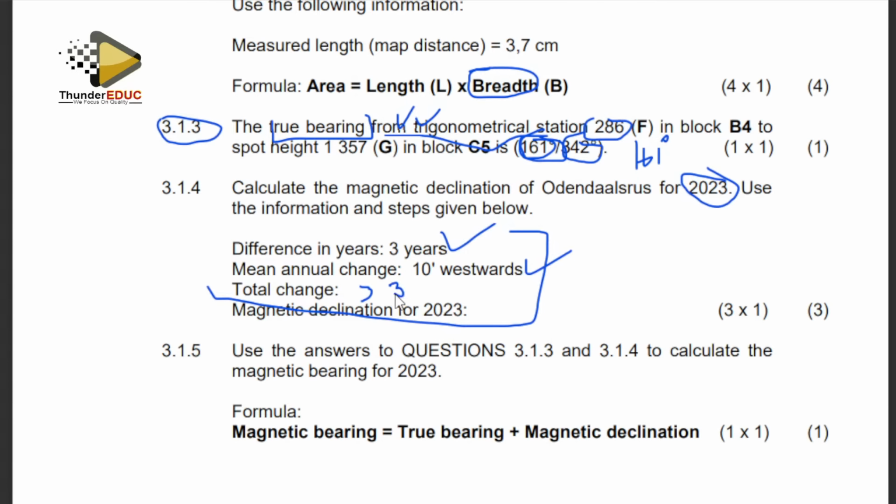So it's going to be 3 years times 10 minutes. What are you getting? Here we get 30 minutes. Okay, sorry for that. Here we get 30 minutes. All right. So the magnetic declination for 2023, we go to the map and check what the magnetic declination was for that year when this map was extracted.